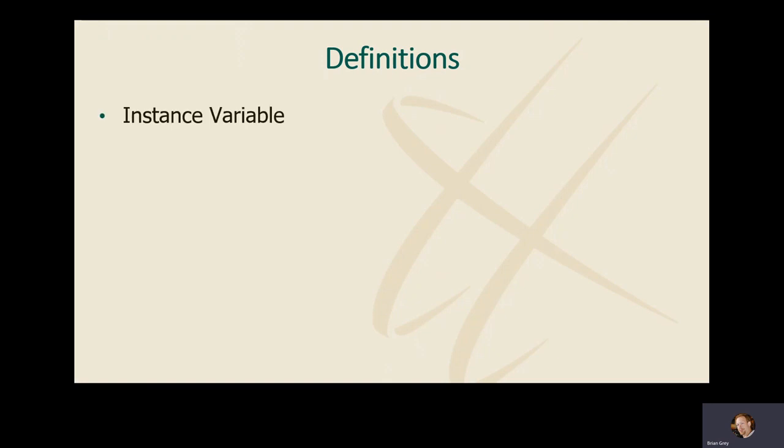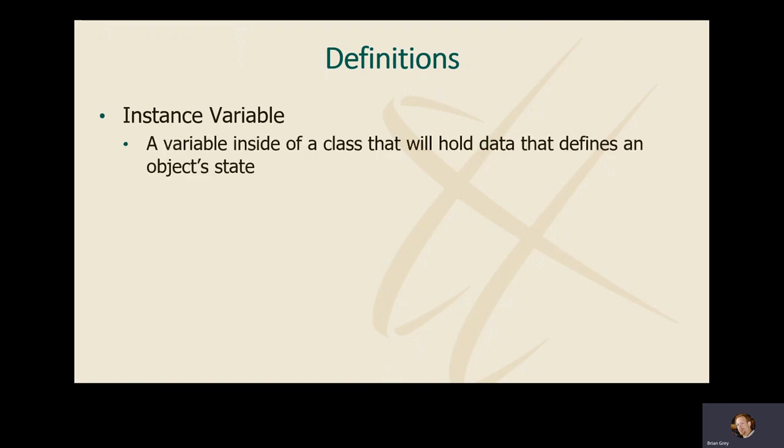Okay. Now we have this idea of an instance variable. The instance variable is the thing inside of the class that holds the data. If we wanted to store, going back to our video game idea, our PC's HP, in a procedural language, we'd say PC underscore HP and give them 100 hit points.